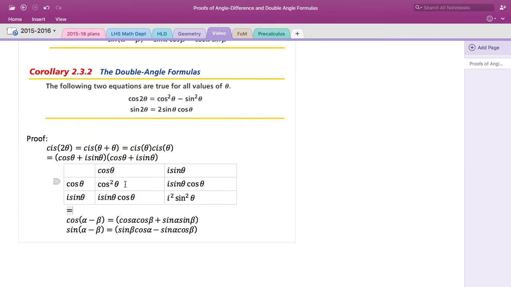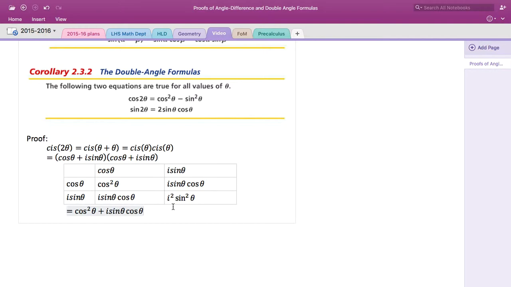So we have cosine theta squared, plus I sine theta cosine theta, plus this guy, I sine theta cosine theta, plus I squared sine theta squared, but we know this I squared is negative 1.